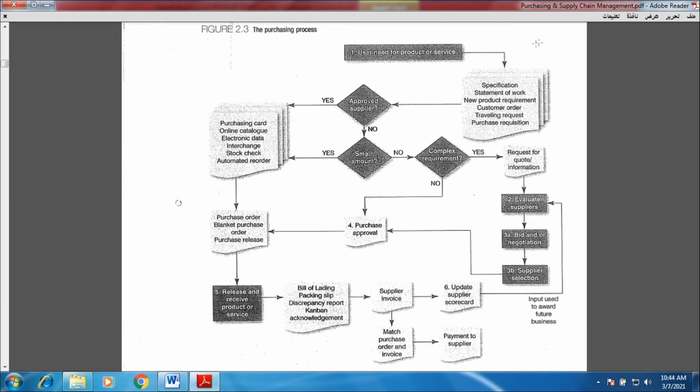We need you to rewrite this shape again in your workbook to better control the whole process and ideas, to better understand what is inside each one of these stages. Start with stage number 1, user need for product or services.